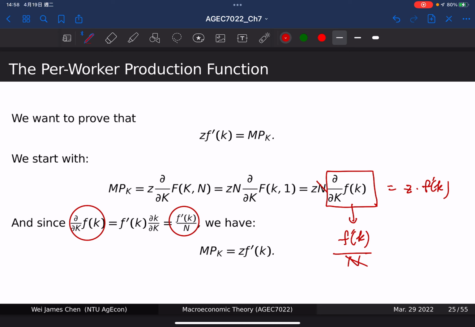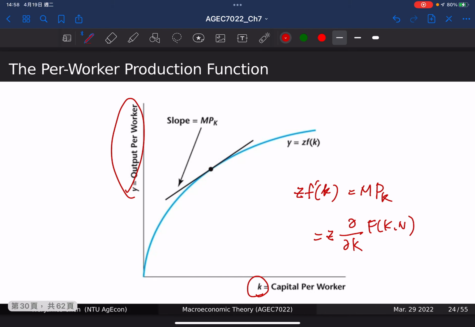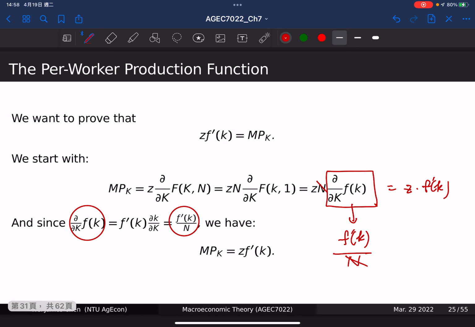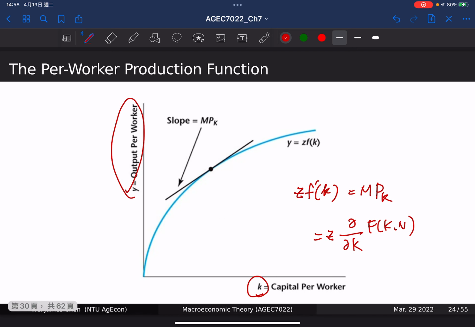I mean, it's first year undergrad calculus. And it's not really the difficult one, right? It's not like those partial derivatives we did before. But, I mean, you should know what you're doing. Some students read the textbook and see, okay, the slope equals MPK, okay, I just memorize it.